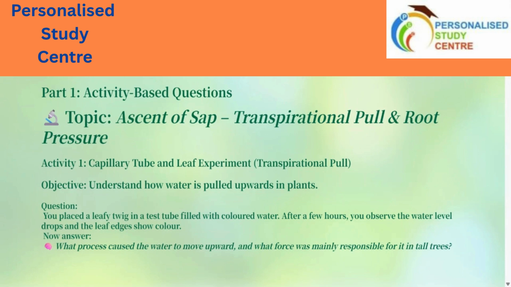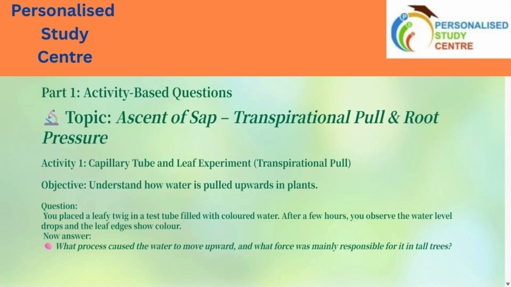So the question is, we place the leafy twig in a test tube filled with colored water. Any colored water you can take in a test tube, and after a few hours observe the water level drop and the leaf edges show color.